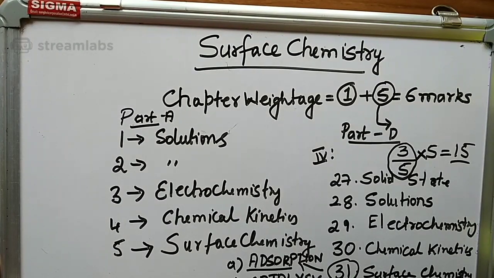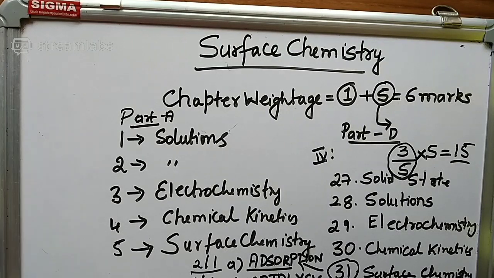And the third part is about colloids. So we can't say what mark is allotted. Usually colloids will be allotted 2 marks. So either this will be 2 or 1. If this is 2, it will be 1. If this is 1, this will be 2. So total marks for this chapter will be 5 plus 1, 6 marks.